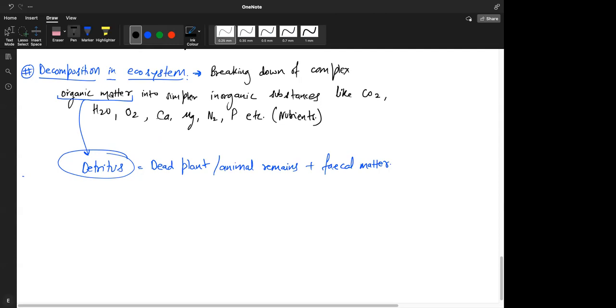And who does this decomposition? So this detritus is decomposed by who? Bacteria, fungus. Yeah. So what are these organisms commonly called together? Decomposers. Yes, they are called detritivorous.